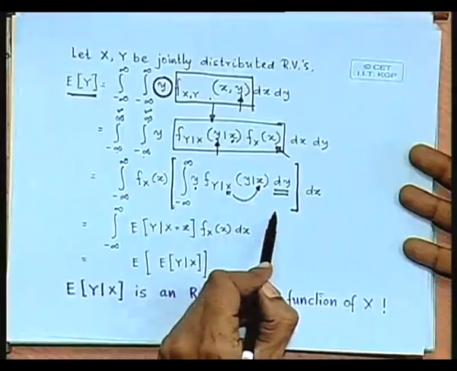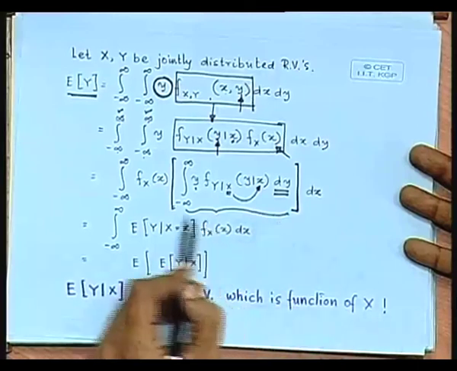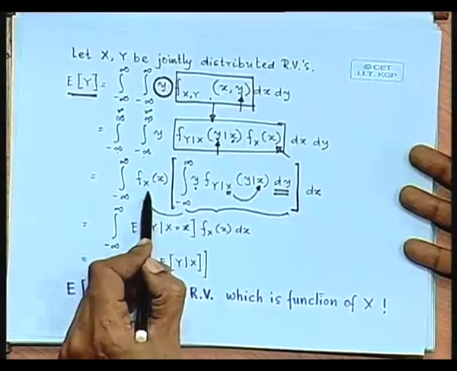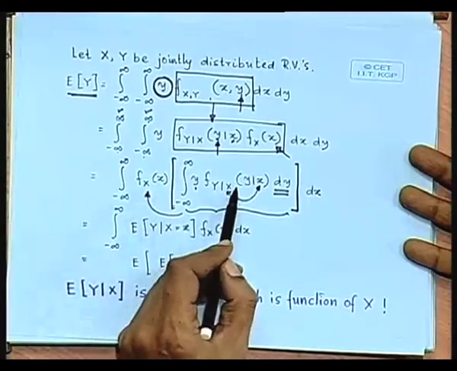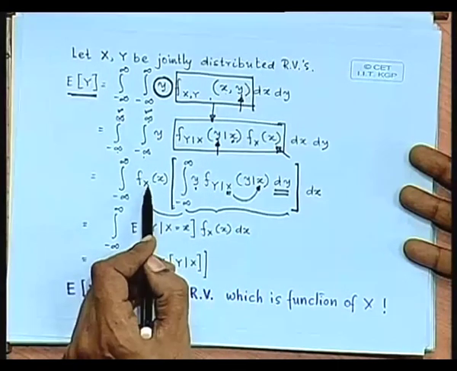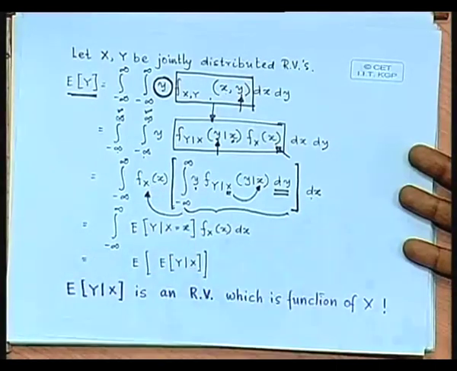Then weight each of these by the probability of x. So, first we are calculating the conditional expectation, and then we are weighting it, because we have to multiply it by the probability of x. The probability of x is fxx dx, so we are weighting it using fxx dx, right.